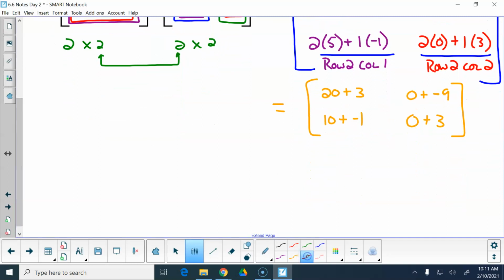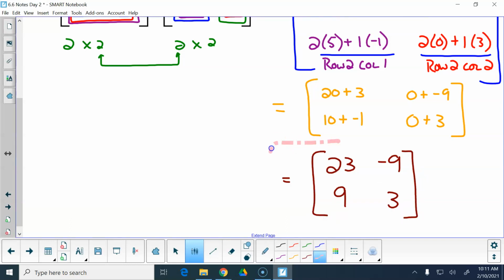So that results in the 2 by 2 matrix, 23, -9, 9, and 3. Everything, as told in the video, is rows.